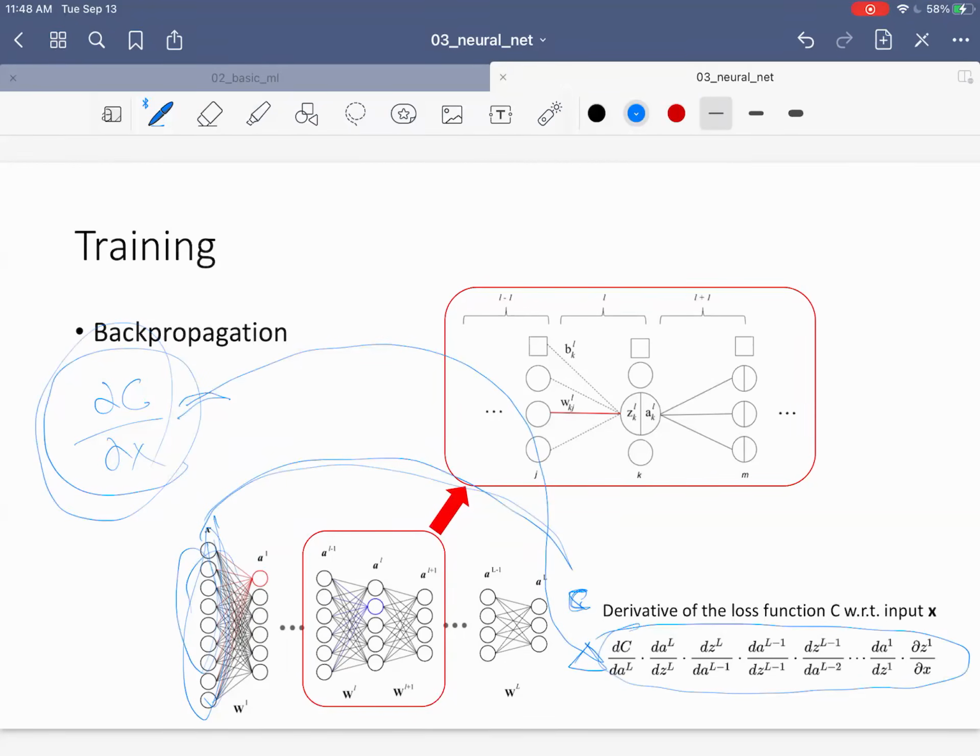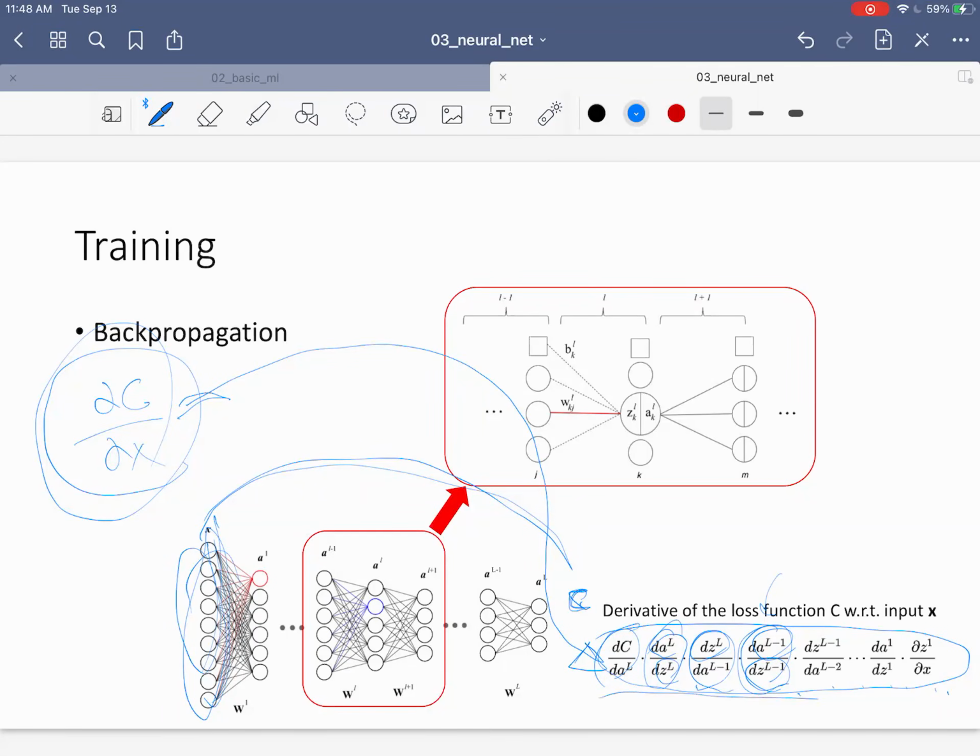Your final C would be determined by the output A. And then your A is determined by Z, which is actually, there's an activation function hidden here. Then your summed input is determined by the output from the previous layer, which is this. And then the output is determined by your input, which also has an activation function hidden here, and so on and so forth.